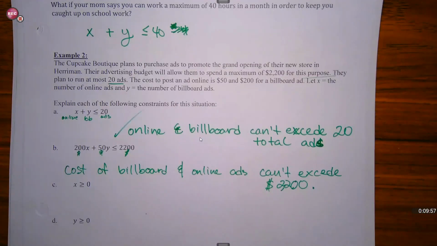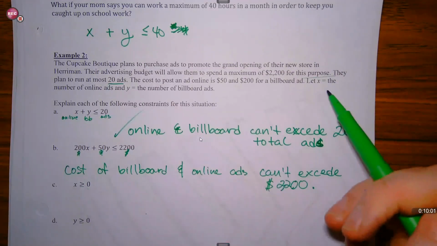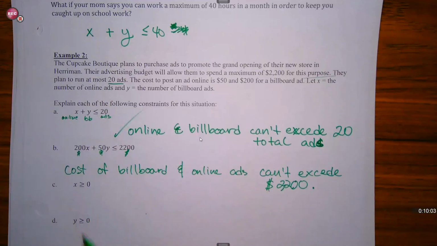-3. Why would we be saying the number of billboard ads or number of online ads has to be more than 0? Well, because we can't have negative numbers of ads. I can't give away ads or anything like that. It's something that doesn't make logical sense. So when you're doing this in a computer program, what will often happen is that in order to maximize cost, your computer will actually force you into having negative of something.